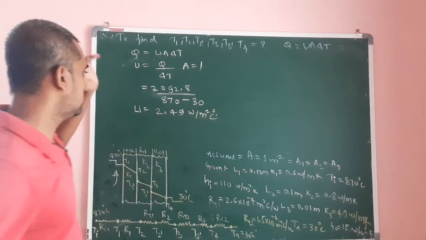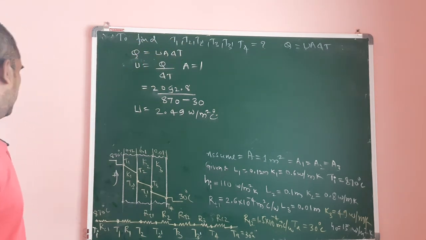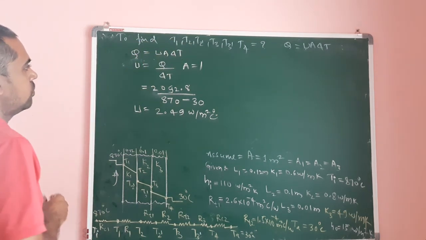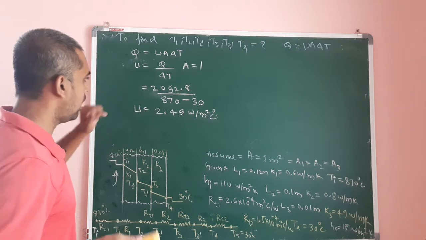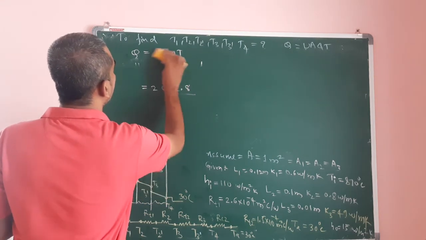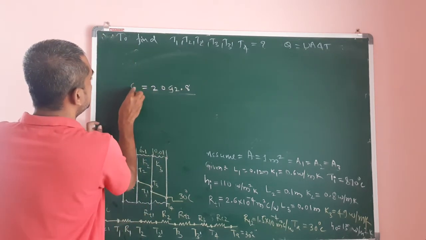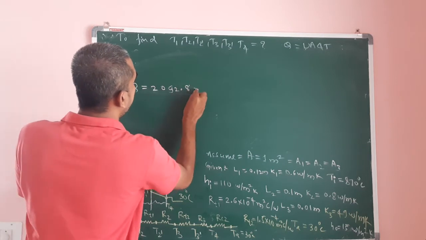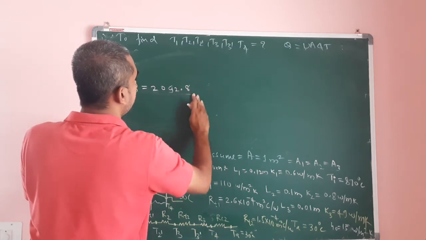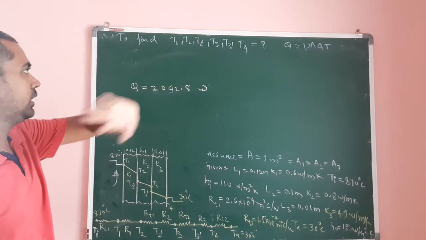Once you calculate U, we have to calculate T1, T2 and others also. But the important thing here is we have calculated U. We know this value Q, this much watt. We have to calculate T1, T2, T3 and T4.